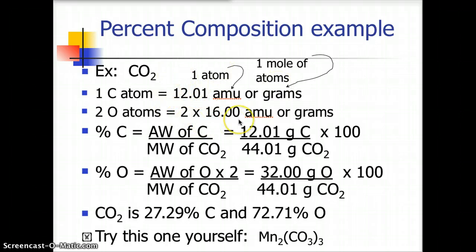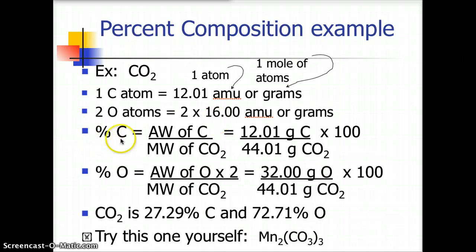This is the same thing that we used when we were finding the molar mass, and essentially we are going to be doing that again in these problems, but what we really want to do is break it down into individual parts. You need to have the mass of each individual type of element separate, and then the mass of the whole thing, because again we're doing part out of the whole thing.